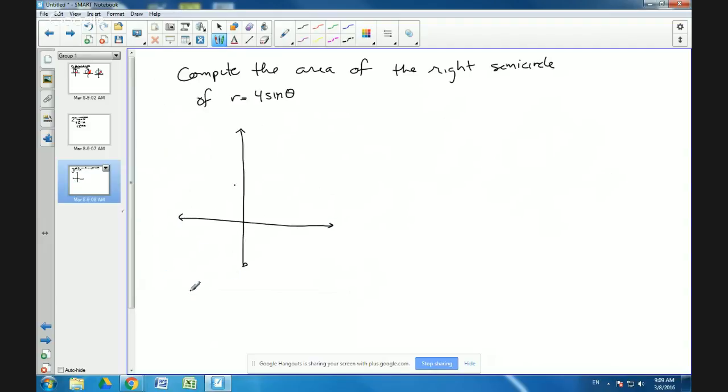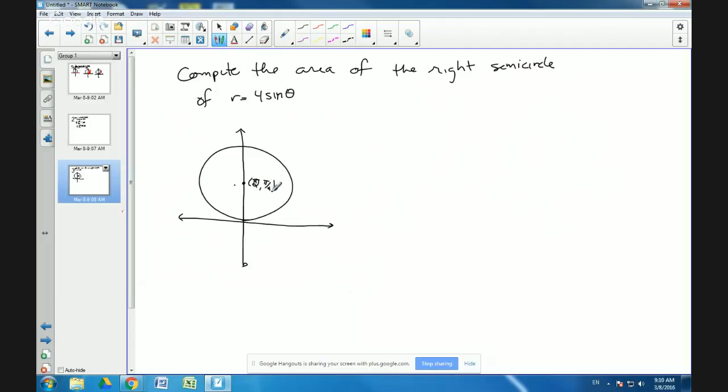If you're given an equation, remember circles are like this. r equals 4 sine theta, and then we move up and down on the y-axis. There's no cosine values here. This is all y values. So this is going to be placed at pi over 2.